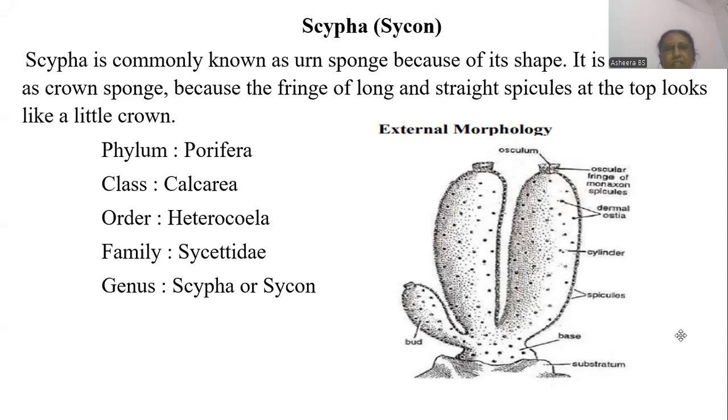Now, if you take the Sycon, it is also called as the urn sponge, because of its shape, because the urn is nothing but pot-like.